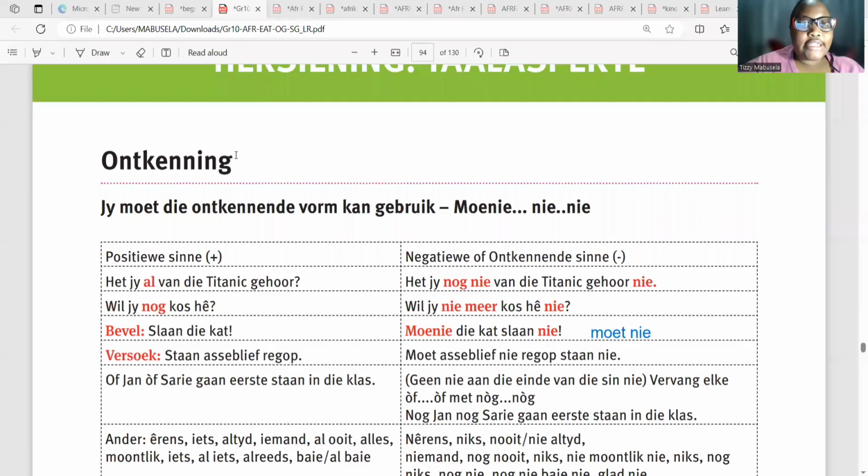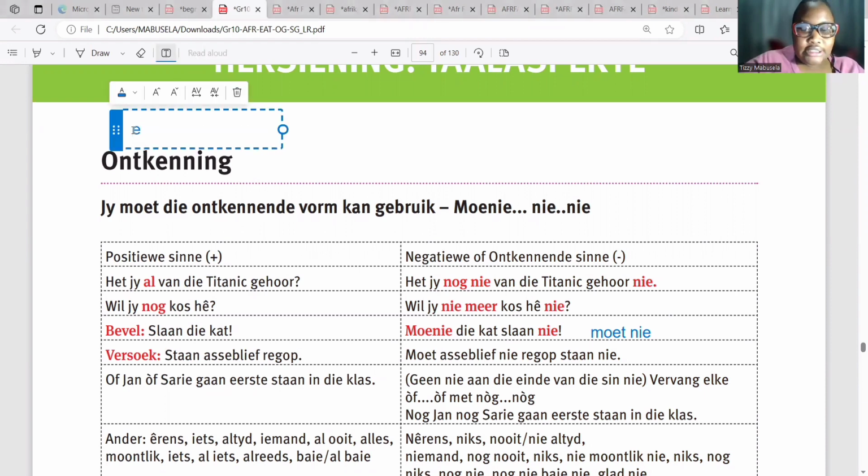Okay, so let's look at ontkenning. Another word, a synonym for ontkenning, is negatiewe. So one important rule that you should always remember in Afrikaans, with ontkenning we have double negative. So for example, if my sentence is ek gaan slaap, this is the positive, right?